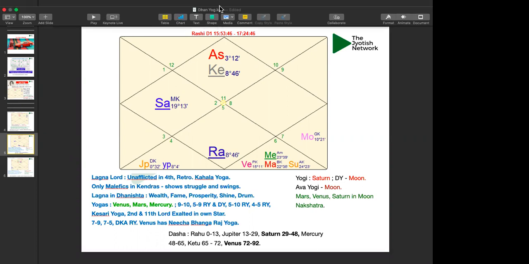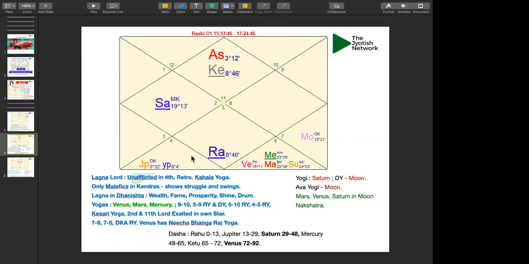I don't think it is a Kahala Yoga. Because the dispositor of the Lagna Lord, being Venus, is debilitated for sure, and so that would make a Parvata Yoga. In this case, it doesn't. The dispositor of the dispositor would make it a Kahala Yoga, but it's not in an angle or trine. So I said it's Kahala-like. Okay, got it.